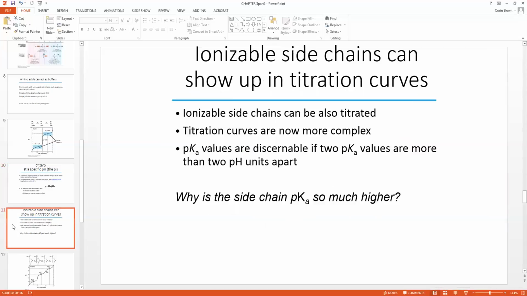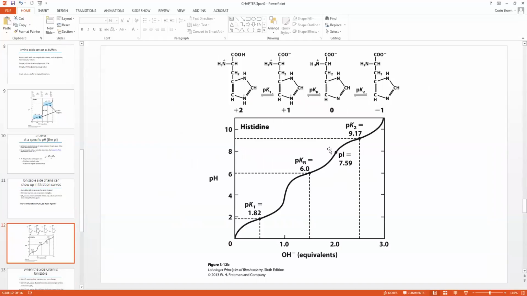Now, if we look at ionizable side chains and the way that they show up in titration curves, you could also titrate for an ionizable side chain, but our titration curve is going to be a little bit more complex. In fact, our pKa values are going to be discernible if those values are more than 2 units apart. So why then would side chain pKas be so much higher? Well, let's take a look.